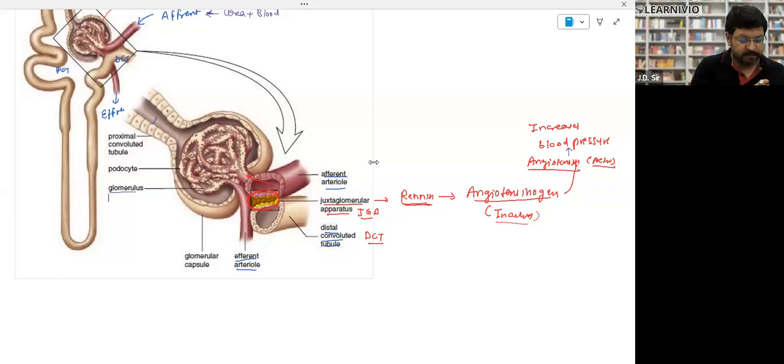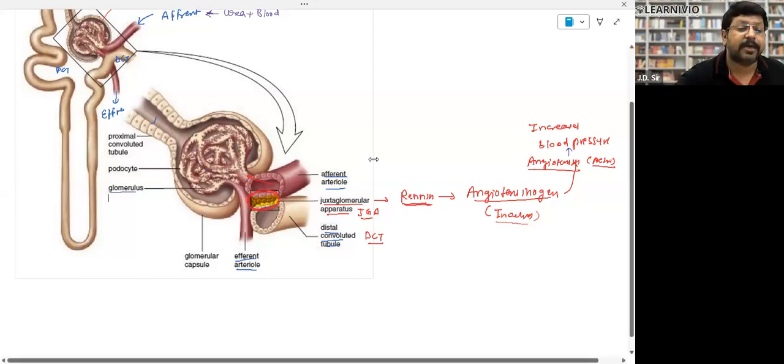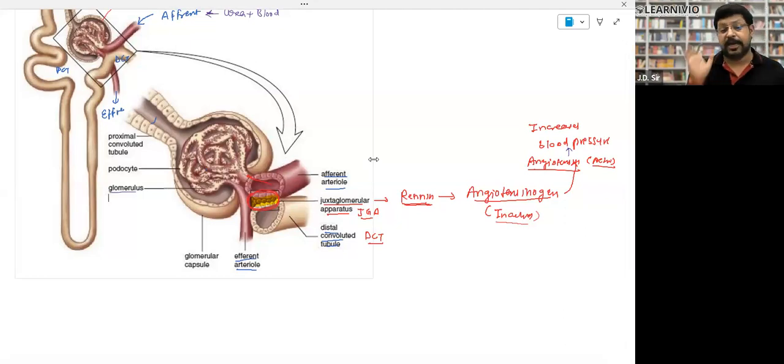Renin is an enzyme which acts as a hormone here. Full stop. It is secreted by JGA. Full stop.